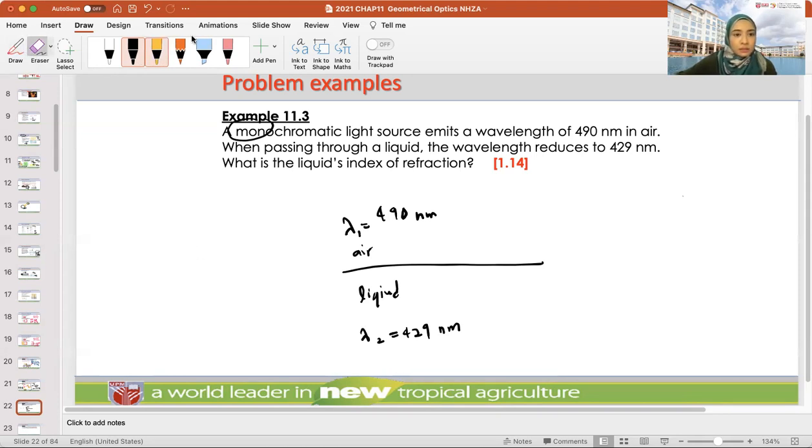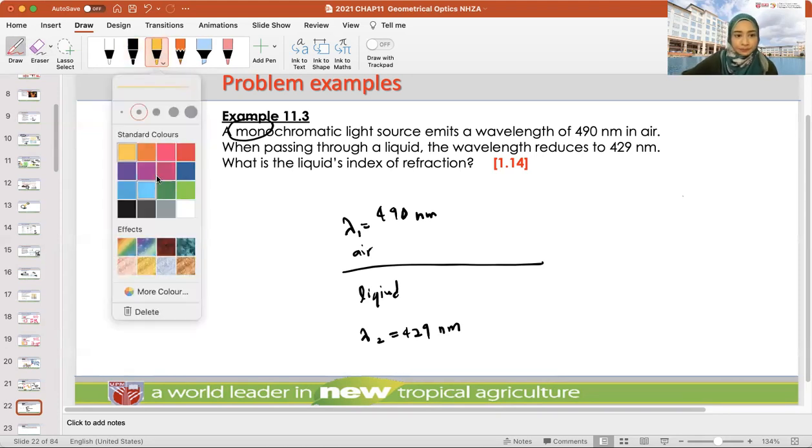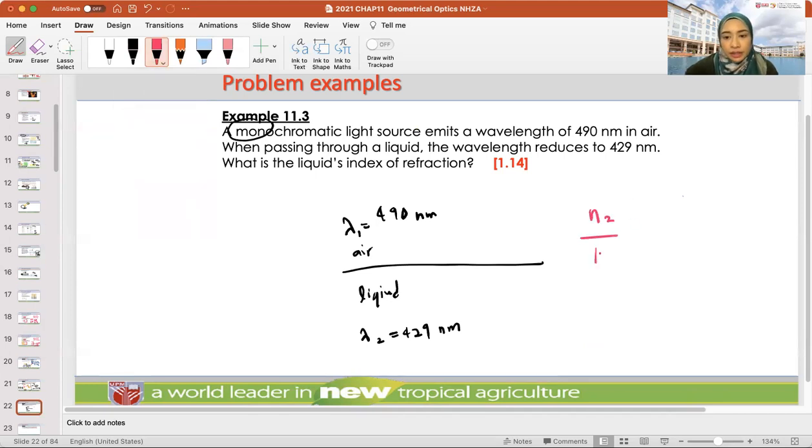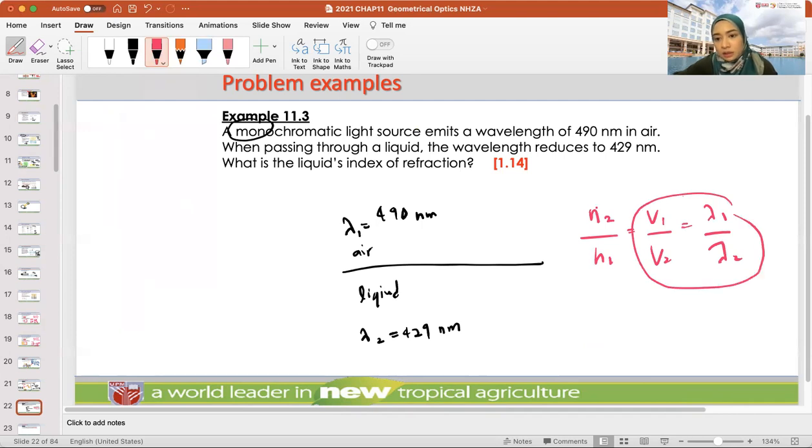Here, easy peasy, we just use the ratio, if you remember. If you don't remember, it's difficult. So n2 over n1, v1 over v2, lambda 1 over lambda 2. These match, and this is the odd one. Remember it, don't get it wrong. We know that the n of air is equal to 1.